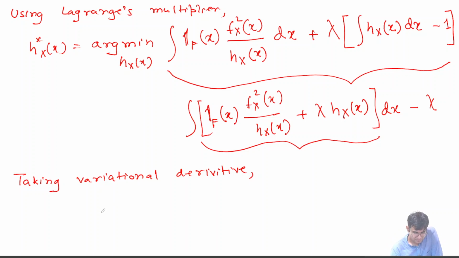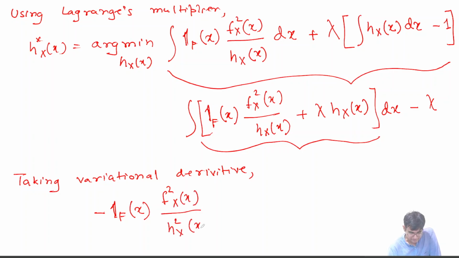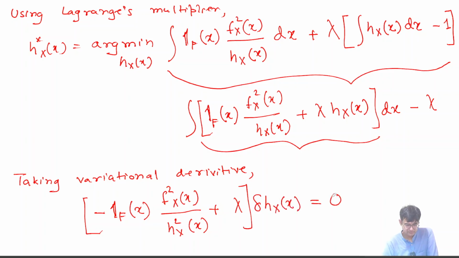So I will end up with minus the indicator function times fx square x divided by hx square x, multiplied by the variation of the function delta hx, which I am not writing because that will cancel out, plus the second term: hx will become delta hx directly, so lambda times delta hx, is equal to 0, right?